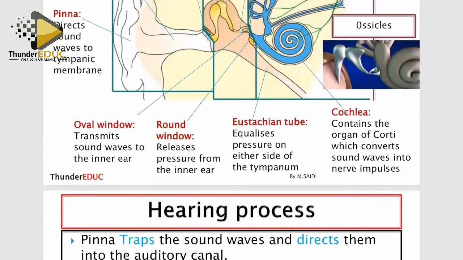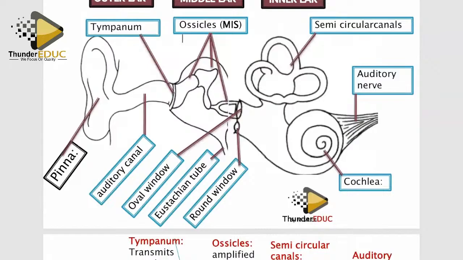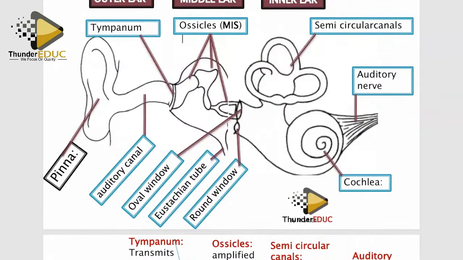Let's look at the hearing process. You're going to go together. As I'm talking, you also talk inside your head. Step one, the pinna traps. What's the function of the pinna? It traps sound waves and directs them into the auditory canal.